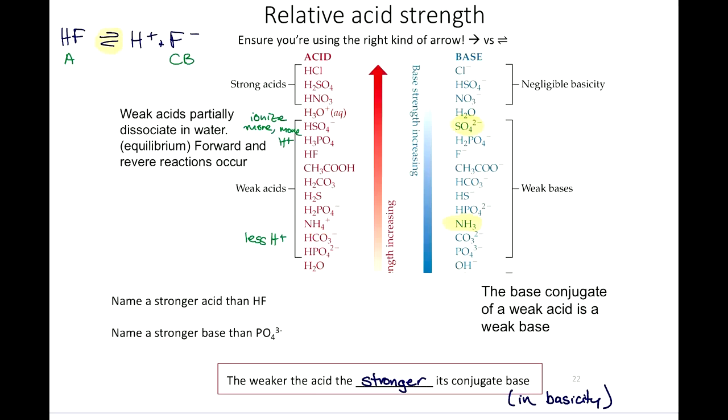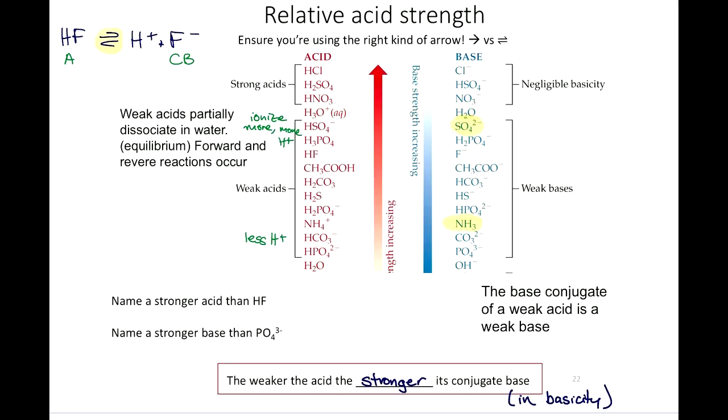So we can make a conclusion. If ammonium is less acidic than HSO4 minus, then that makes its conjugate NH3 a stronger base than the conjugate of the other one. The weaker the acid, the stronger its conjugate base.